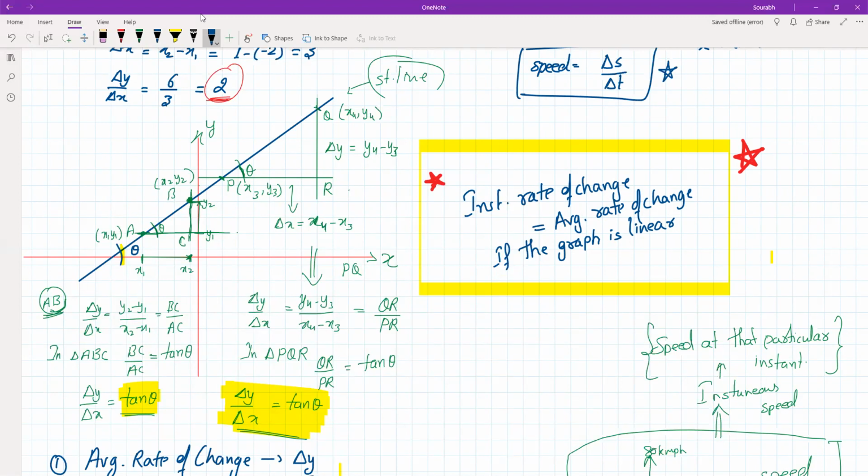Always uniform means for the smallest instant also it will be the same uniform value. Obviously such changes are not many in our day-to-day life, but it doesn't mean that such changes where rate of change is uniform do not exist. So can you give me some examples where rate of change is uniform? Obviously, when we are driving, is the rate of change uniform or not?